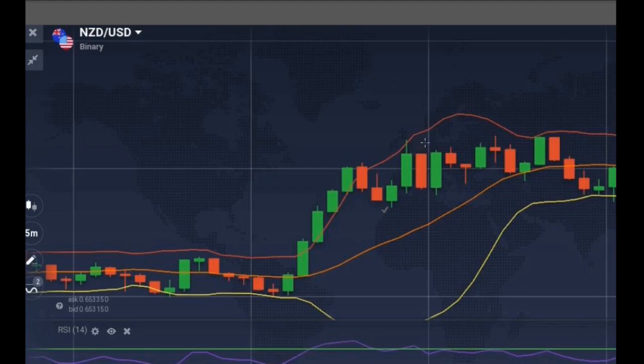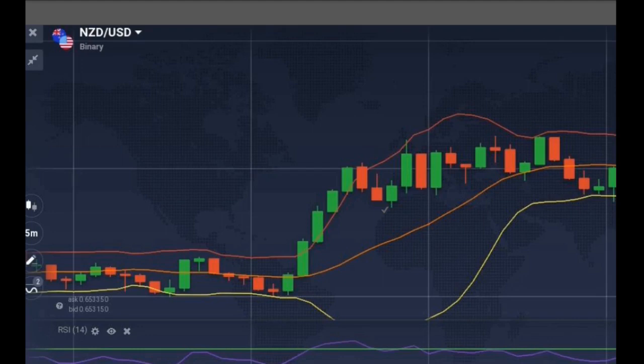Okay, and so you're waiting for price to rise above this level and for the price to cross the previous resistance level over here.